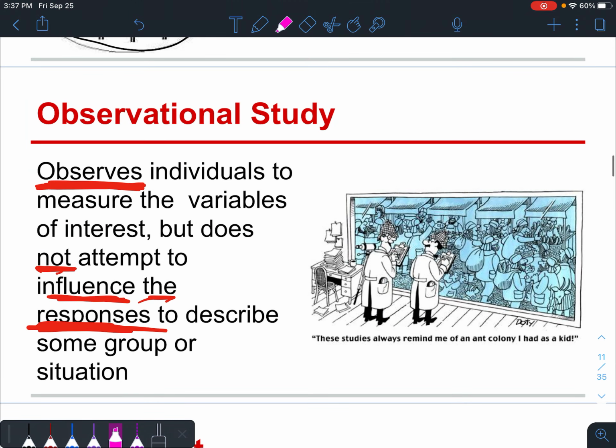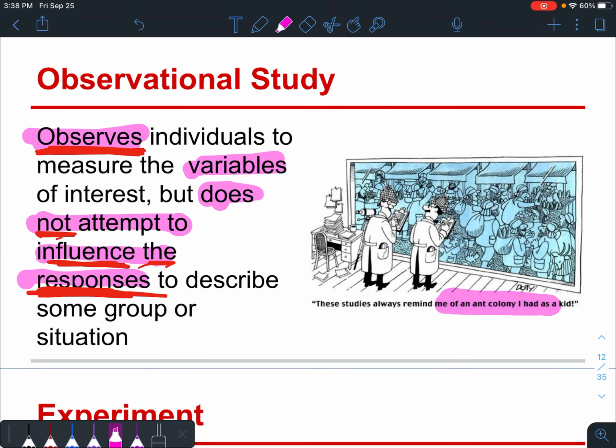An observational study, the ant colony, it's kind of an outdated thing, but basically what it was, 2 panes of glass that you filled with sand, and you put some ants in there and you let them go nuts. And you could see the tunnels, you could see them all working. But what this is, this observes individuals to measure the variables, but does not attempt to influence the response, to describe some group or situation.